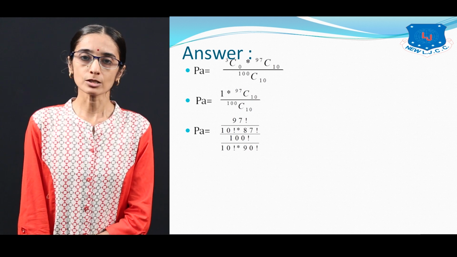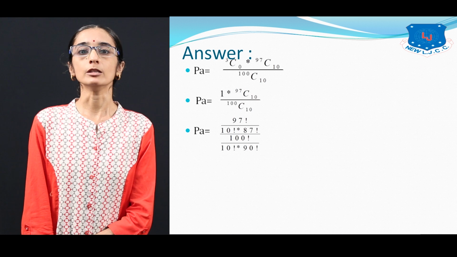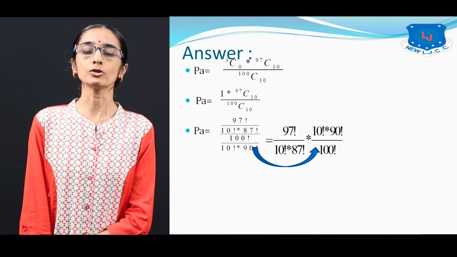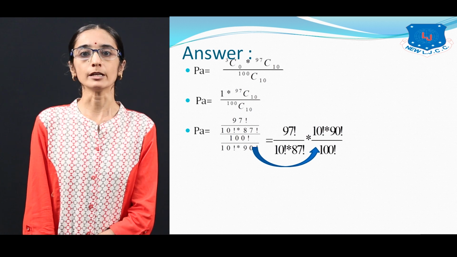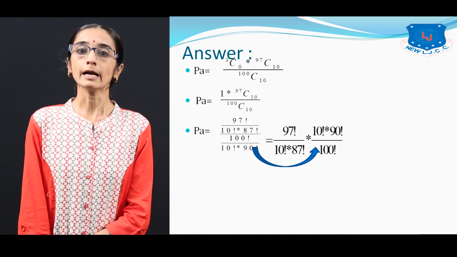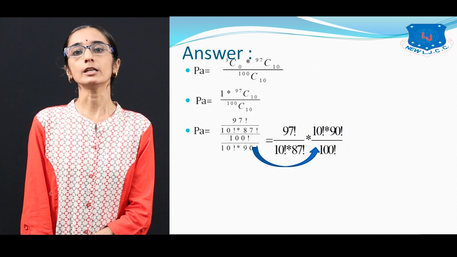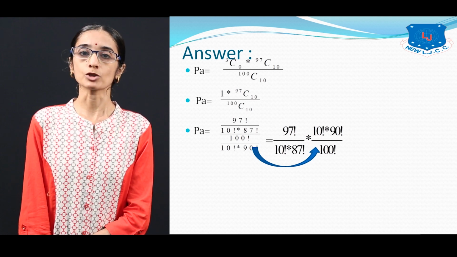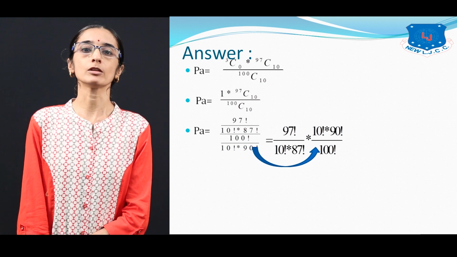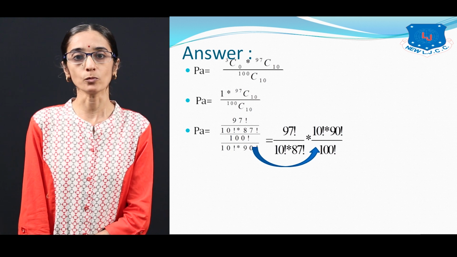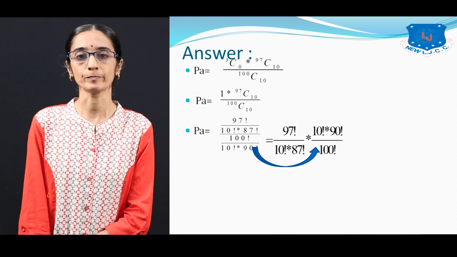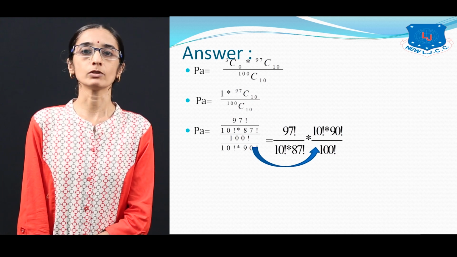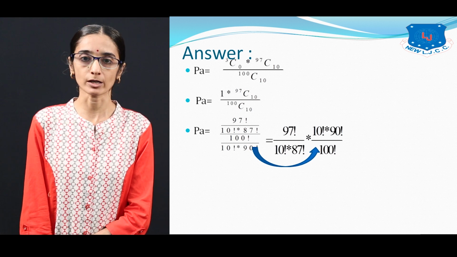Now the denominator's denominator will come out in the numerator. So it will be 97 factorial upon 10 factorial into 87 factorial, into 10 factorial into 90 factorial, upon 100 factorial. If you check this result, the 10 factorial values will be cancelled from numerator and denominator. Still, if we go further, see the numbers 97 factorial and 100 factorial.